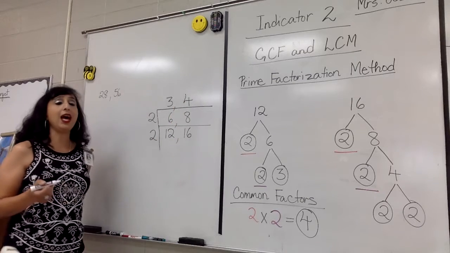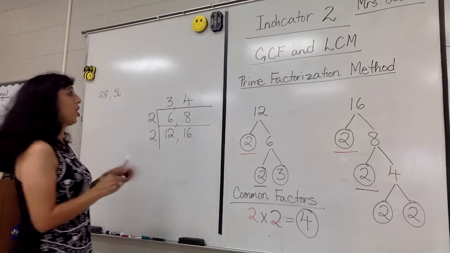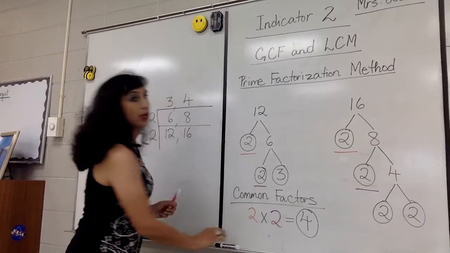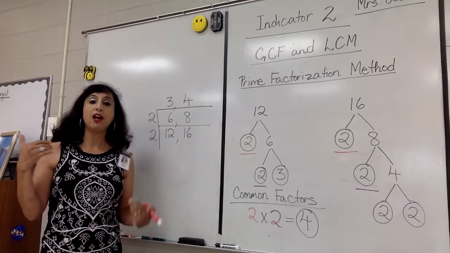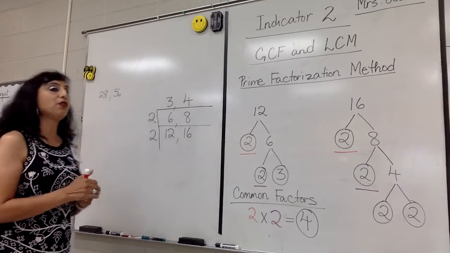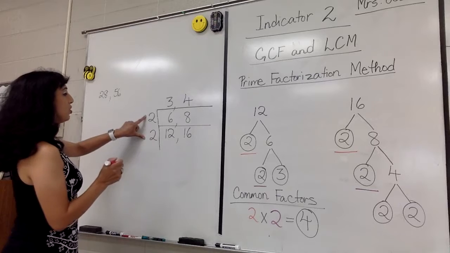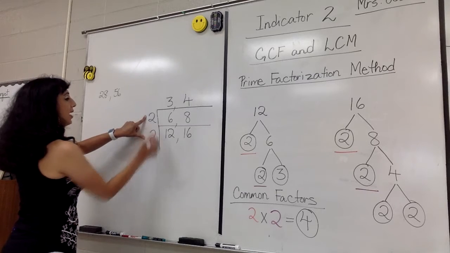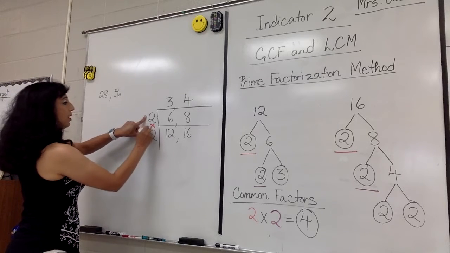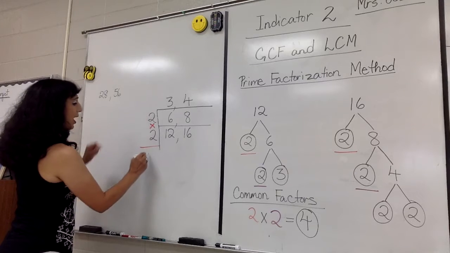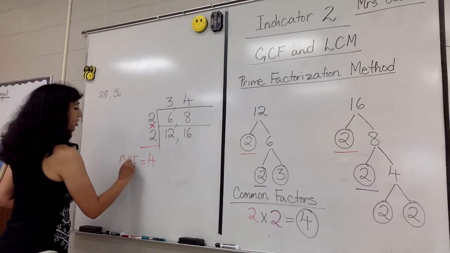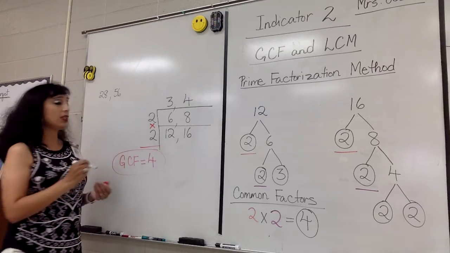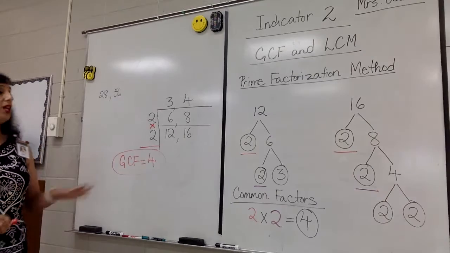Now I see that I have nothing common with 3 and 4. 4 is not divisible by 3. 3 is not divisible by 4. So what I'm left with are these two numbers here. All I do, straight up, multiply these two, and my GCF is going to be 4.